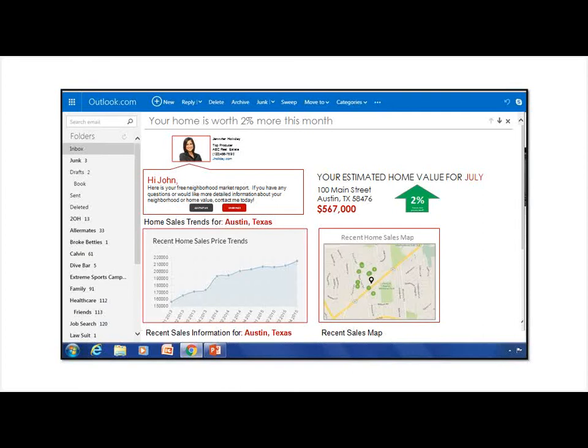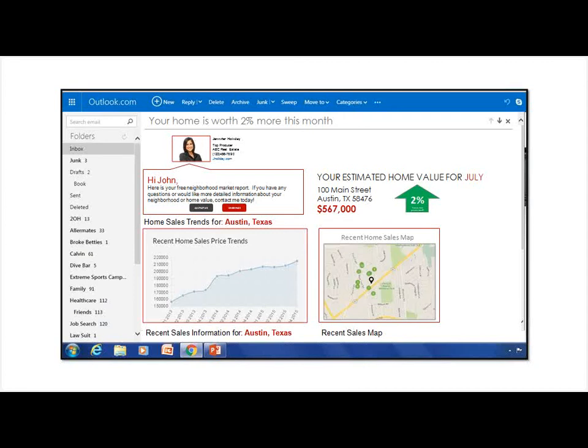And finally, showing specific recent home sales transactions on a map. All of this is designed to keep your brand front and center, and when that consumer is finally ready to sell their home, they will hopefully get in touch with that agent.